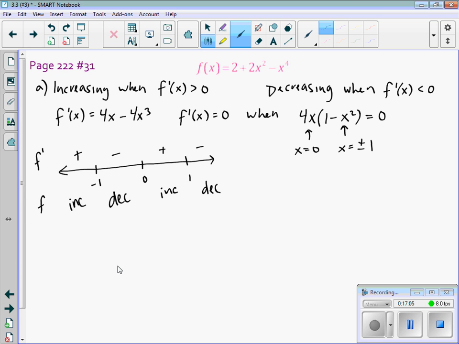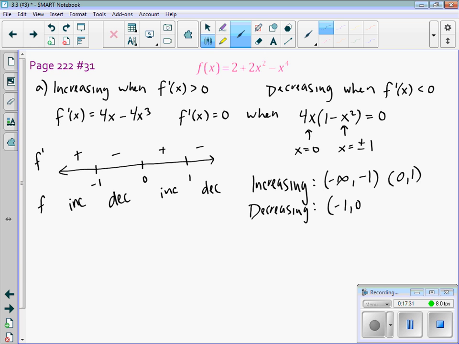Okay, and then answer the question. So it's increasing from negative infinity to negative 1, and then from 0 to 1, and then decreasing from negative 1 to 0, and then from 1 to infinity.